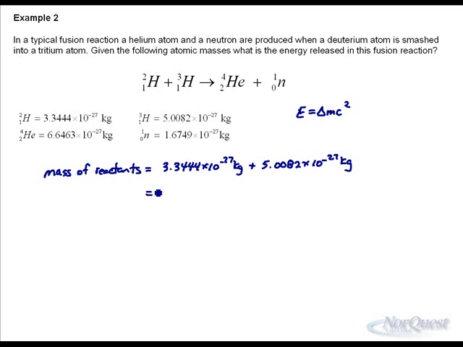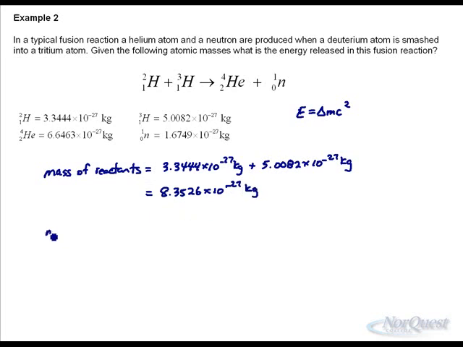So the mass of the reactants, I punch them in, gives 8.3526 times 10 to the negative 27 kilograms.